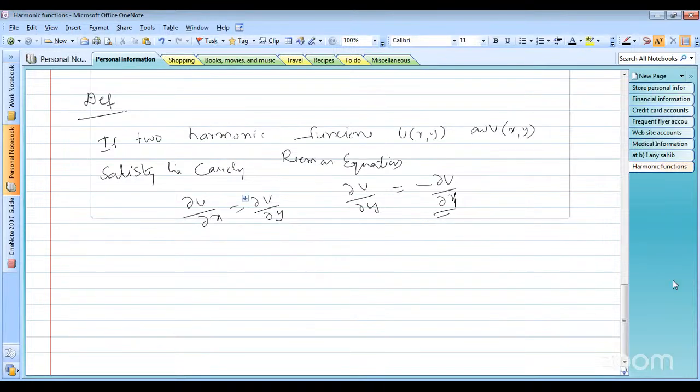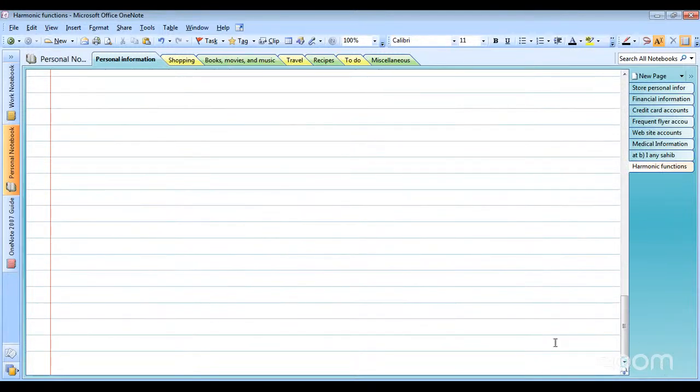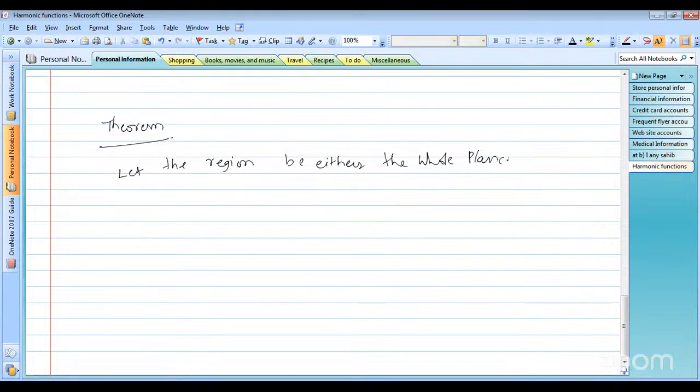So one theorem you have to learn here. Let the region be either the whole plane C or some open disk.